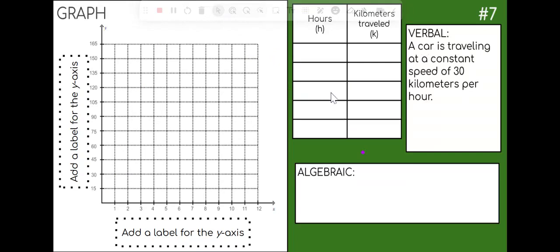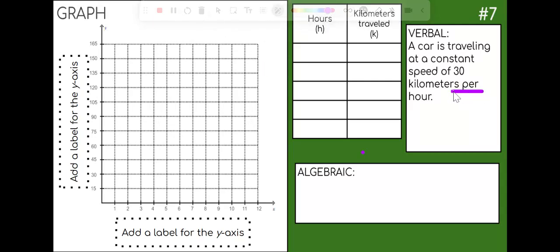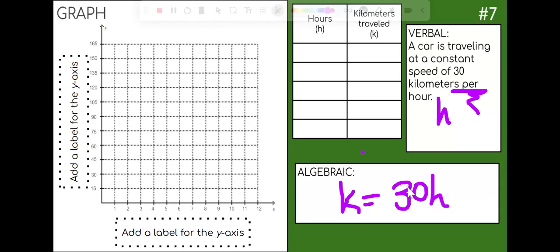Okay, number 7, last one. A car is traveling at a constant speed of 30 kilometers per, keyword per hour. So we know my variable is going to be H there. All right, so the amount I travel, K, is 30 per hour. 30 an hour.